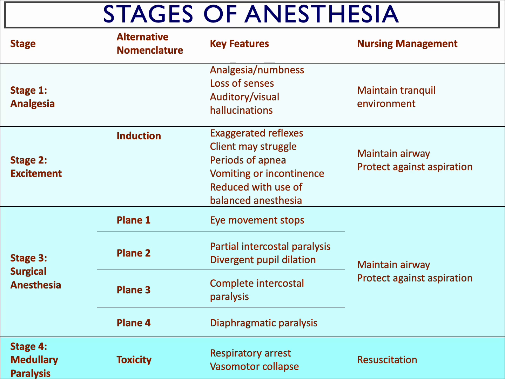Some older thinking in stages of anesthesia, and these still ring pretty true, are this list of stages of anesthesia which were first really developed in the 1920s or so.